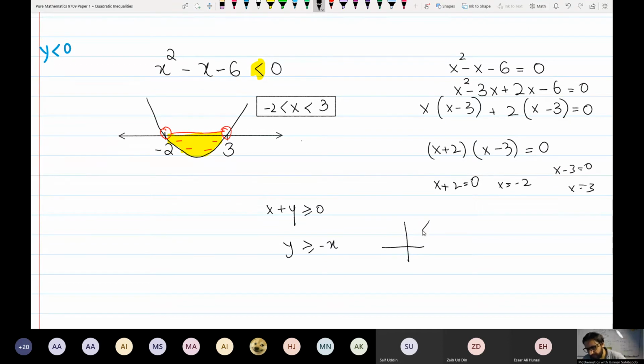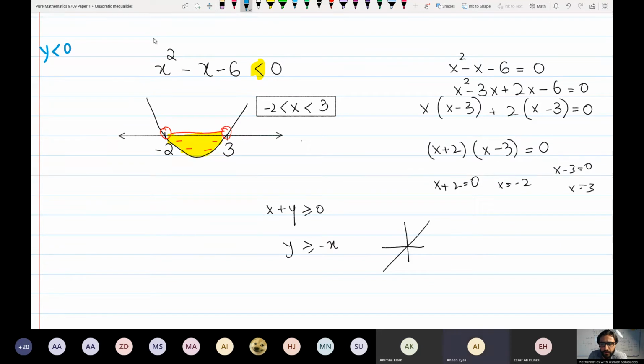But that's A level. Sir, can you explain it again? How did you get the sign for x squared minus x minus 6 less than 0? Sir, how will you know where to shade? I still don't understand that. All right. The sign, the shape sign, is that what you're saying?